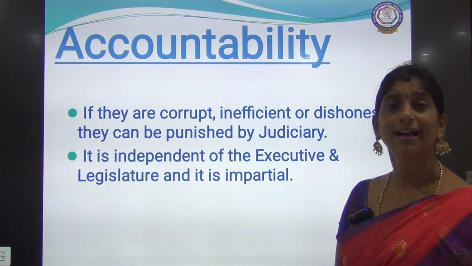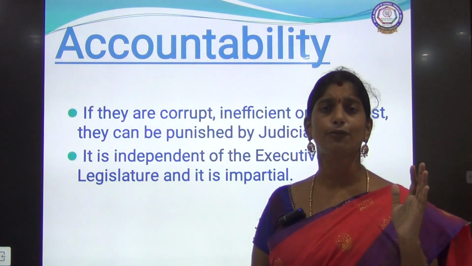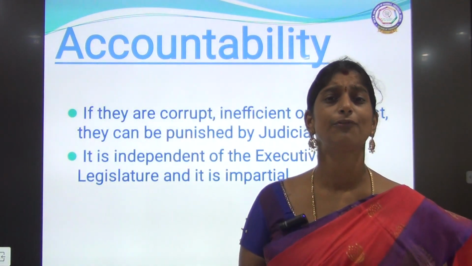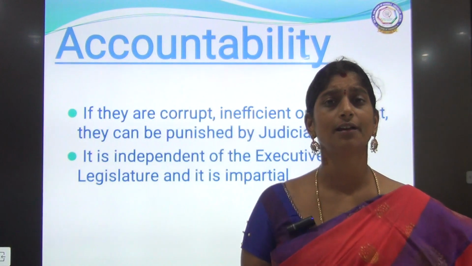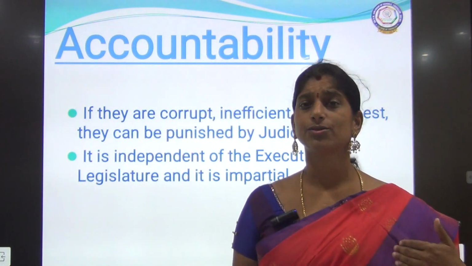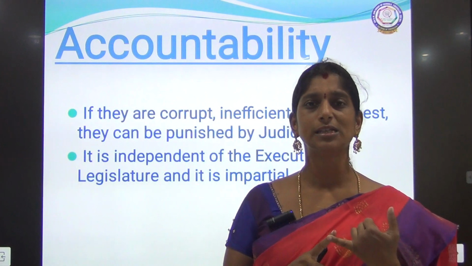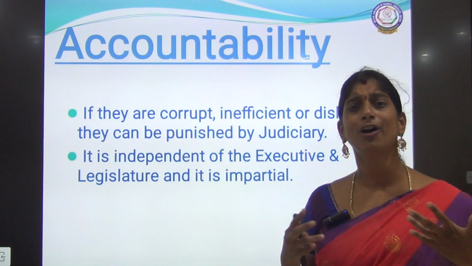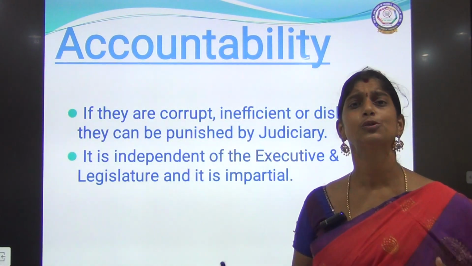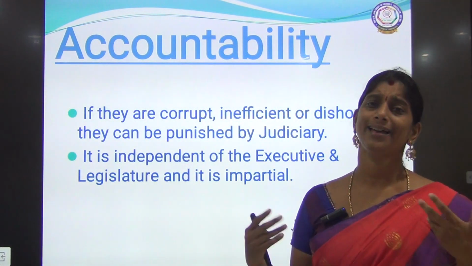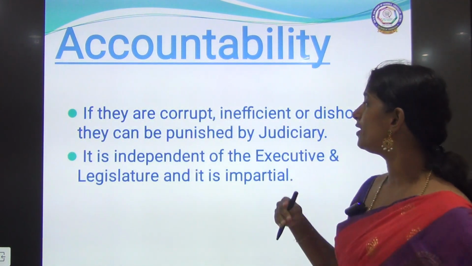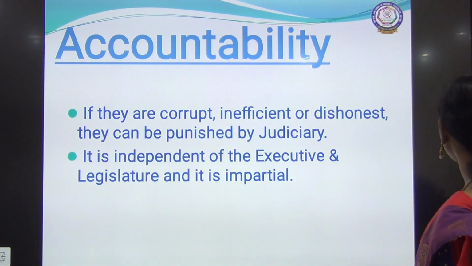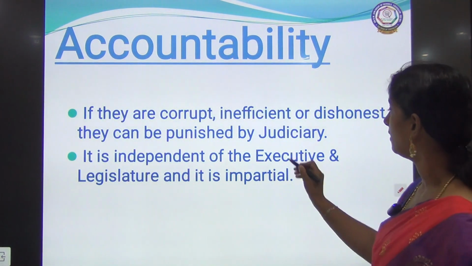If the government performs well, no issues. If they are corrupt, when lots of mistakes are happening here and there, and the government is not taking action, then it is going to lose its place, right? If it is inefficient, if they do not know how to perform, if they do not know how to solve a particular issue, then they are inefficient, right? And if they are dishonest, they can even be punished by the judiciary. What is the judiciary? In our previous lesson we have seen, right?